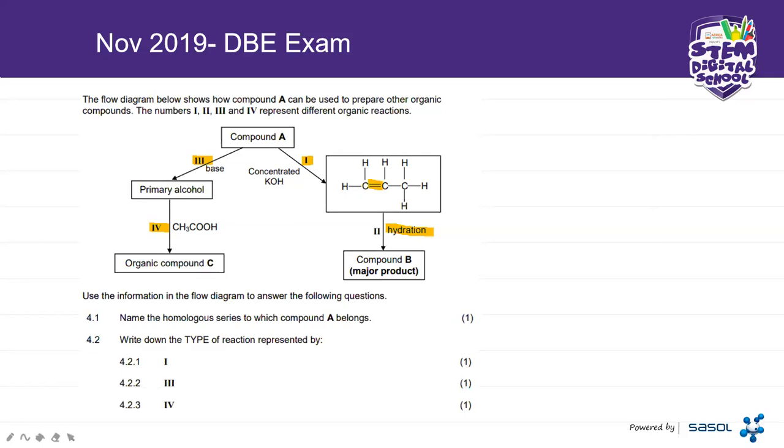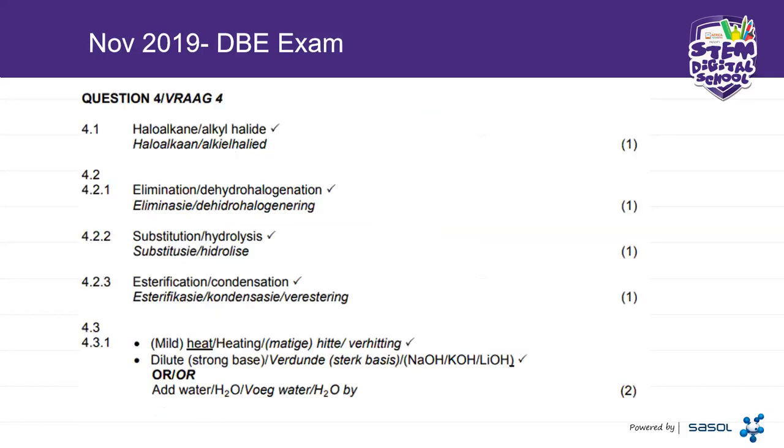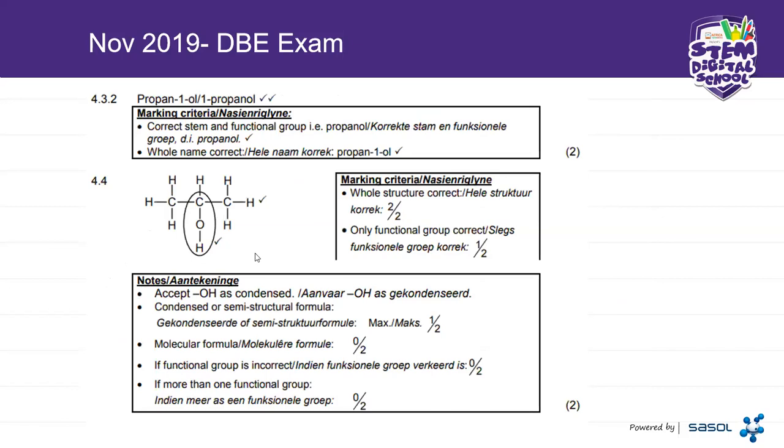Okay, so let's go and see the structural formula. Here we have it, right? We still have our 3 C's. We added because we had a double bond, right? So here we added our H2O because it's a hydration reaction.